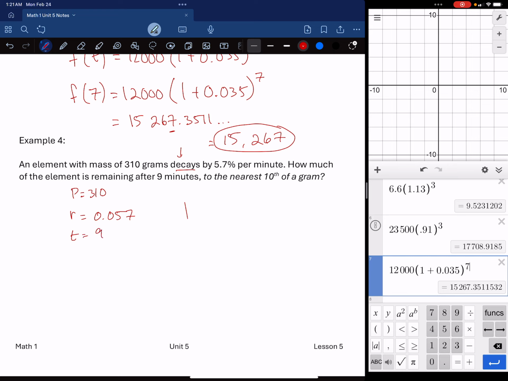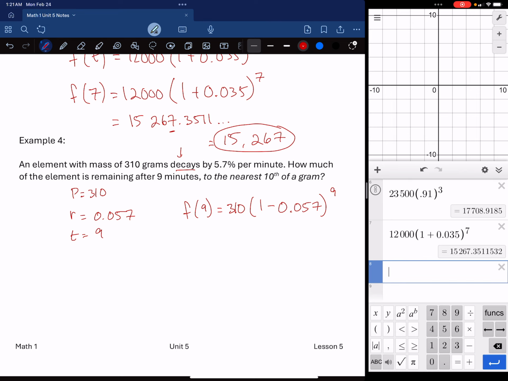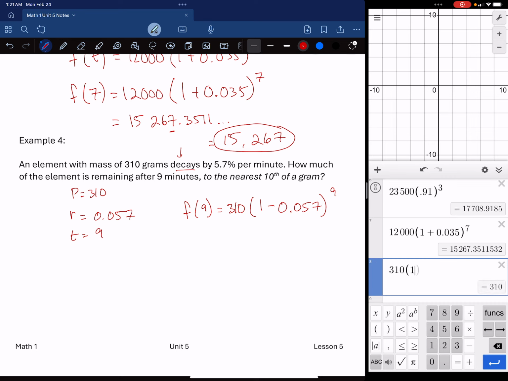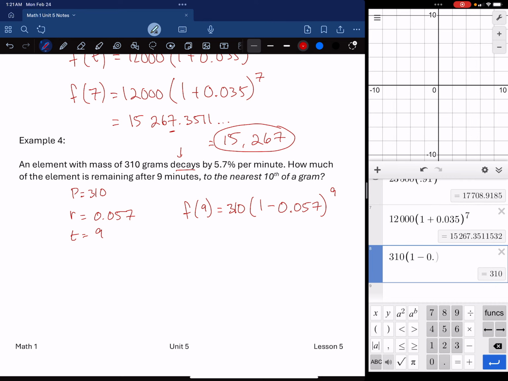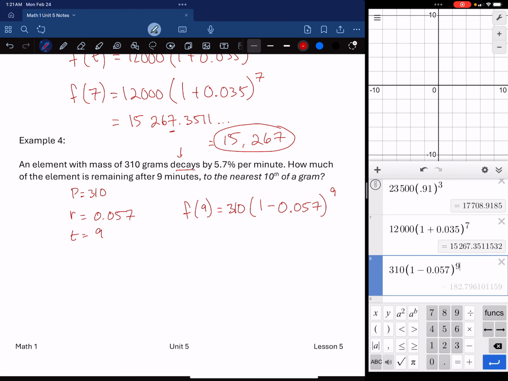So we're going to do f of 9 equals 310 times 1 minus, we're decaying, remember we're going down, so we have to subtract 0.057, and we're going to raise that all to the 9th power. So we have 310 times 1 minus 0.057, all raised to the 9th power, because we're going after 9 minutes.